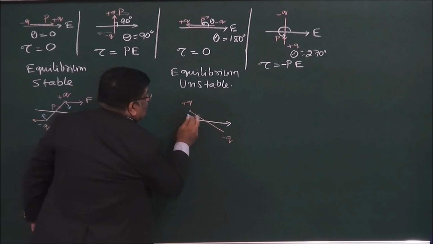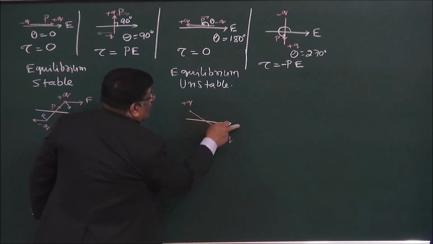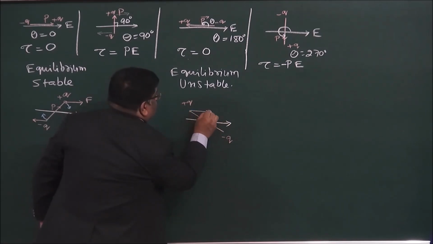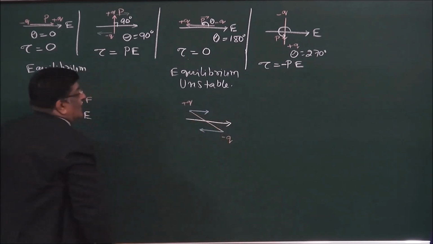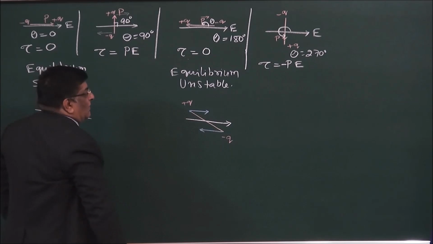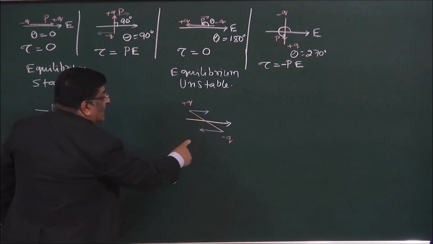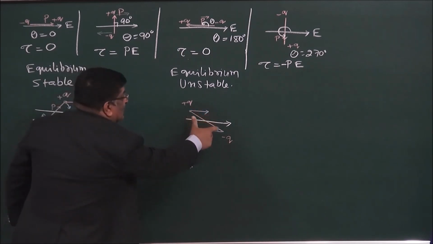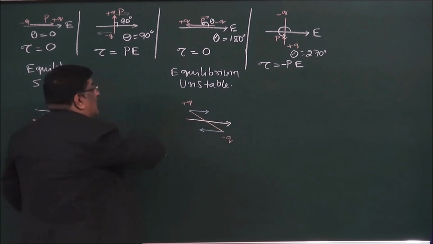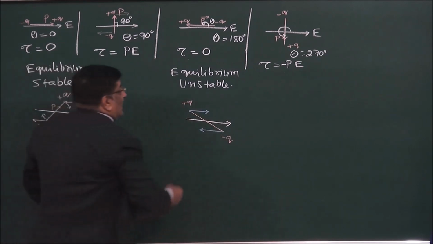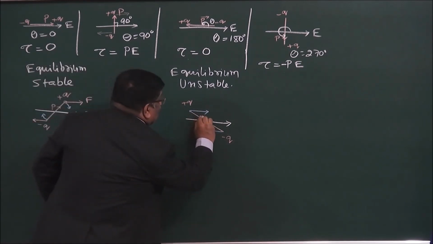Answer: there will be a force on plus Q in the direction of E, and a force on minus Q in the direction opposite to E. Now you can see the direction of this torque. It is clockwise. What will this clockwise torque do? It will turn it this way. Is it bringing it back? Answer: no, it is not bringing it back. It is turning it this way.